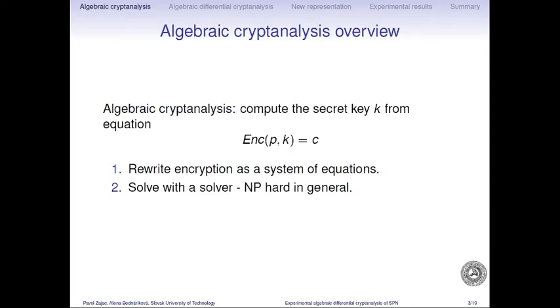So what is algebraic cryptanalysis? Suppose we have a single plaintext ciphertext pair.